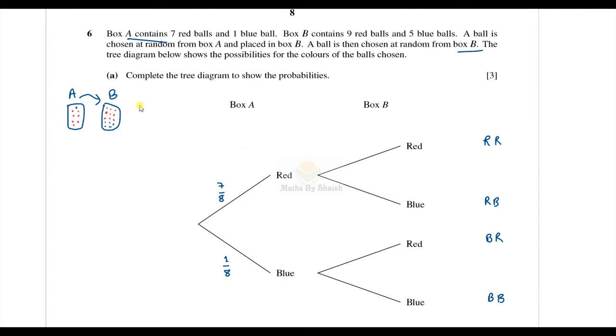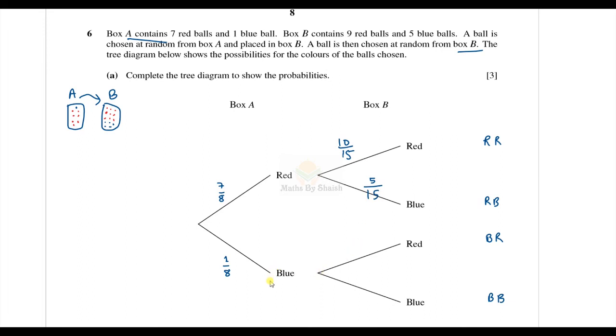And when it is placed in box B, if you have chosen red, then earlier there were 9 red balls, now there are 10, so it becomes 10 over the total, that is 15 here. Earlier there were only 14 balls, but now there are 15. For blue, the number of blue balls is the same, so 5 over 15 here.